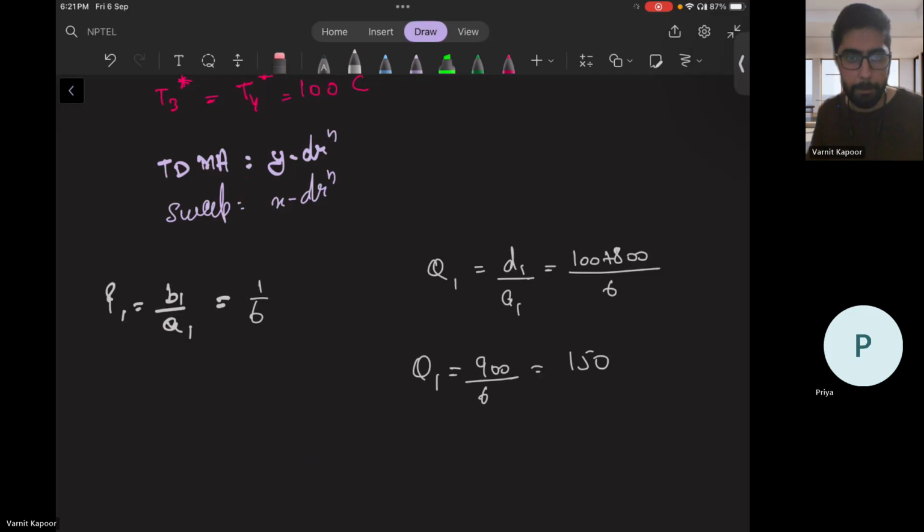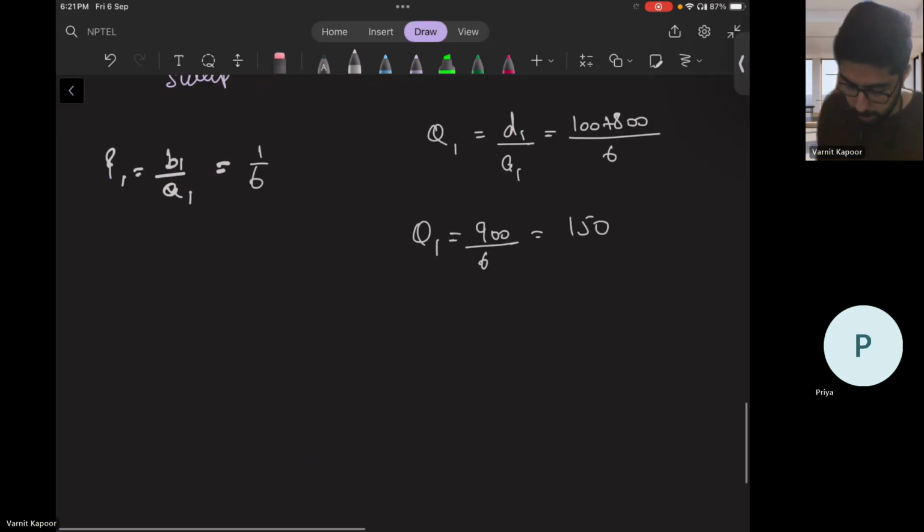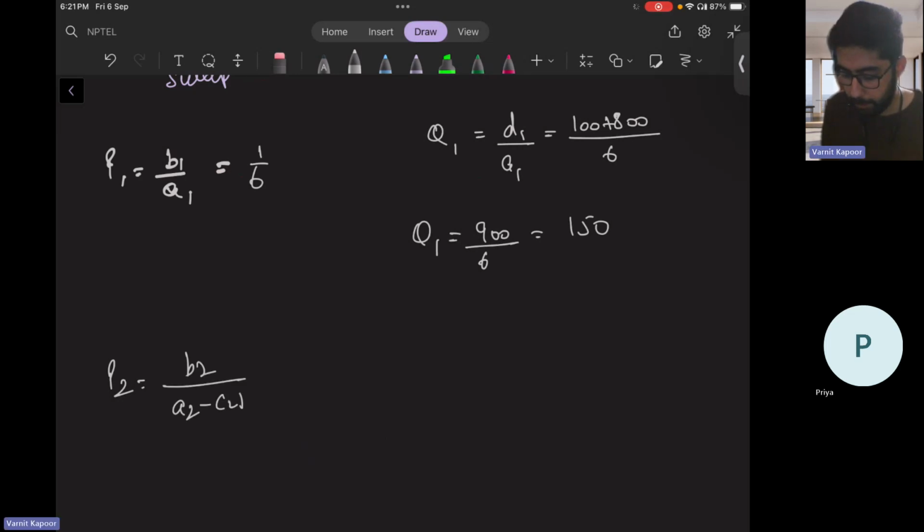Now, P2 is B2 over A2 minus C2 P1. We know that Bn equal to 0 for trivial solutions. And 2 is the n because we have just 1, 2, 3, and 4.